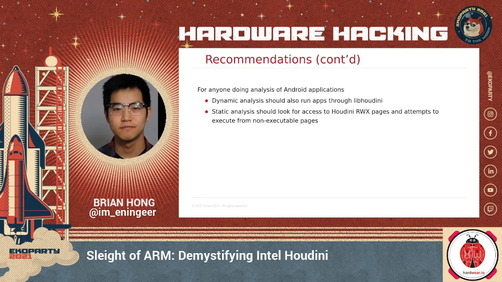You should also do static analysis to look for access to weird Houdini read-write-execute pages or any attempt to execute from non-executable pages because Houdini allowed this. And also because of our JNIEnv detection method, you should also look for anything scanning the JNIEnv function pointers.